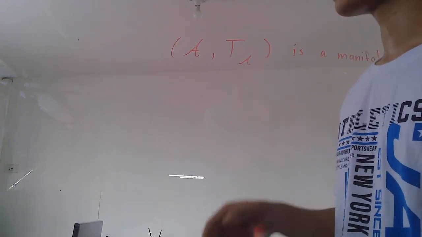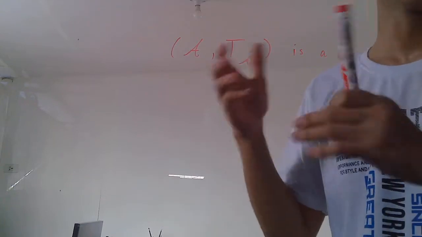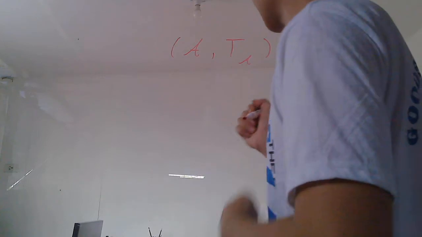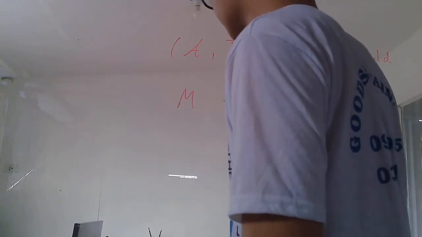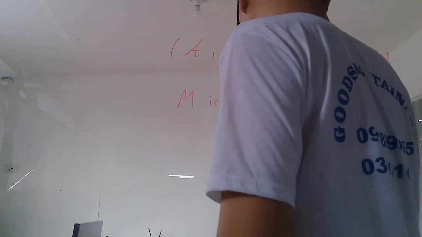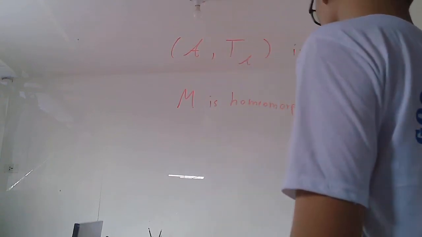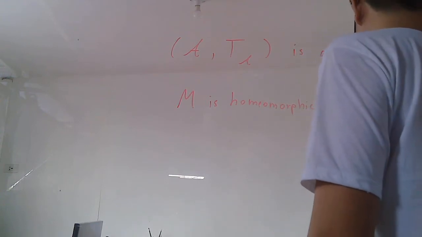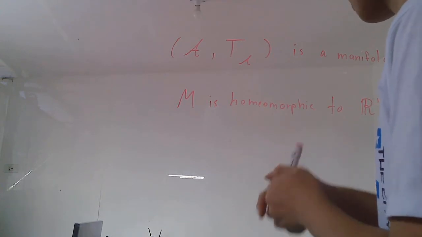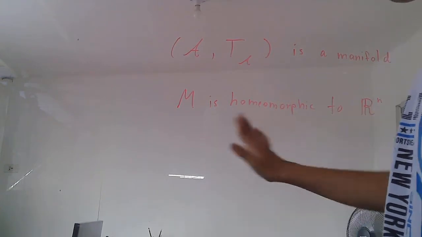Not only that, but the formal definition is that they are topological spaces that are homeomorphic to subsets of Rn. So a manifold M is homeomorphic to Rn, or tuples of R.